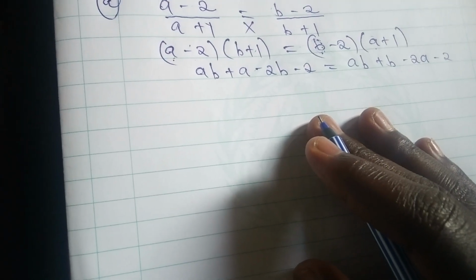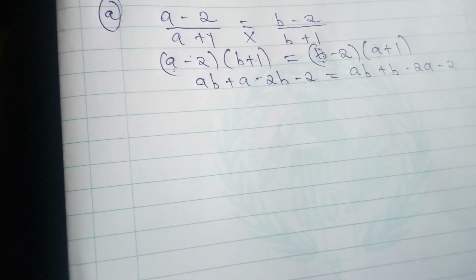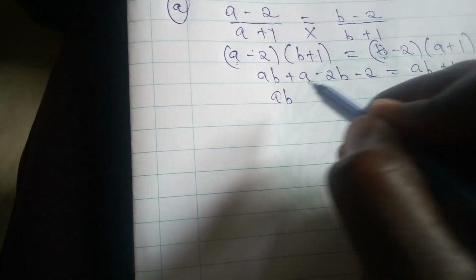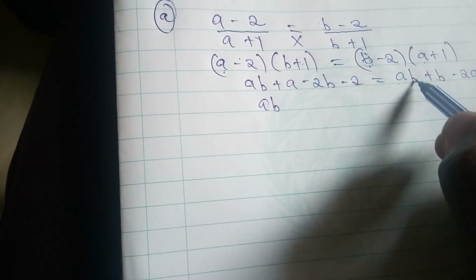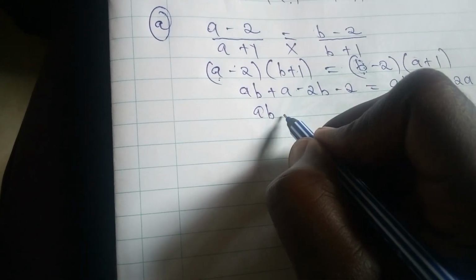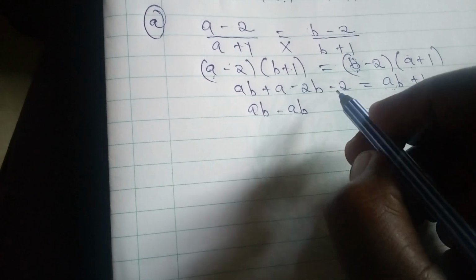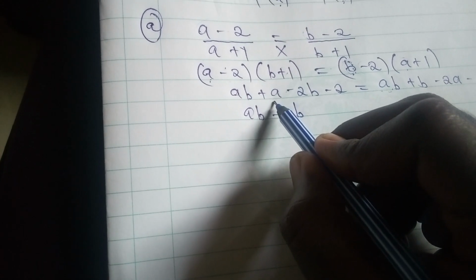So that is ab. So this is positive ab, and it comes this side to become negative ab, and then this is positive a.